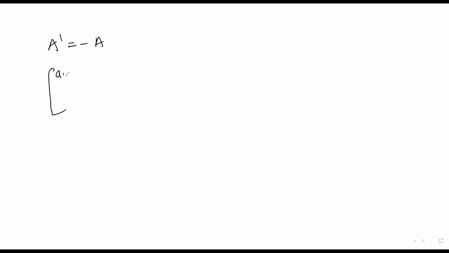A11, A12, A13. This row I write as a column. A21, A22, A23. A31, A32, A33. So you're labeling it wrong, no?